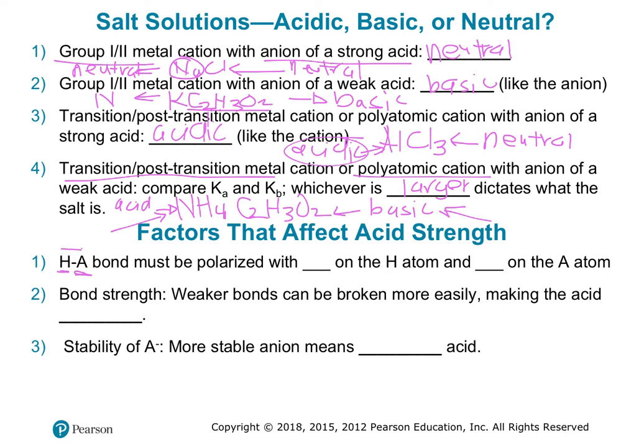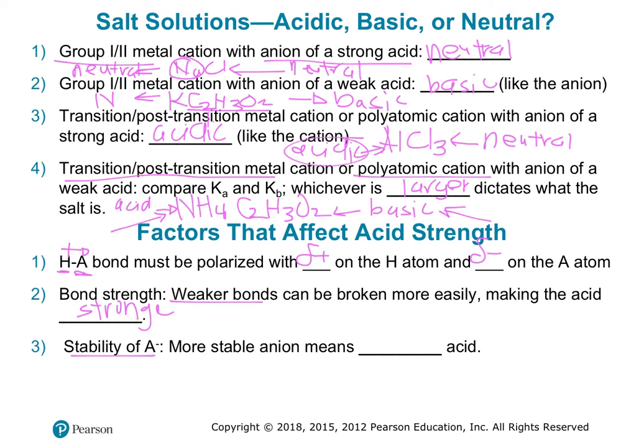So it's pulling the electrons in that bond, making hydrogen partially positive and making the element A partially negative. Now the bigger that electronegativity difference, the more polar the bond is, making it a weaker bond. So these weaker bonds are able to be broken more easily, so the acid ends up being stronger the weaker they're held together.